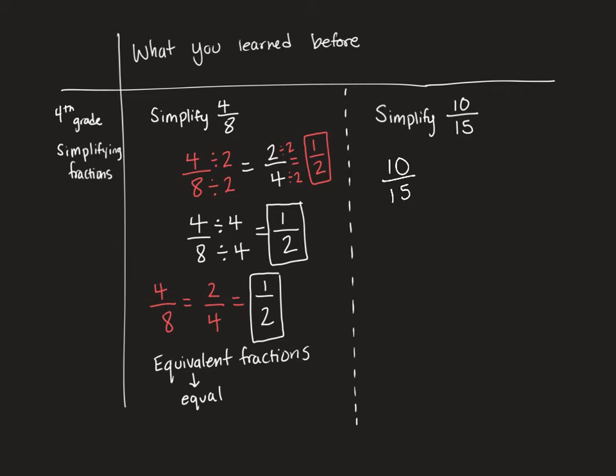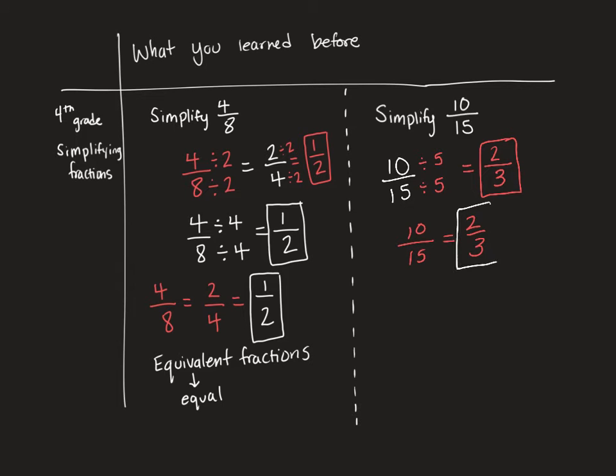Good. I see the chat blowing up here, and it seems like all of you guys say that 10 is divisible by 5 and 15 is divisible by 5. Well, 10 divided by 5 is 2. 15 divided by 5 is 3. 2/3. And I can't reduce this anymore. So we would say that 10/15 reduces to 2/3.